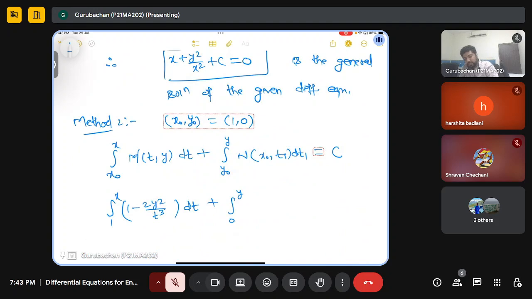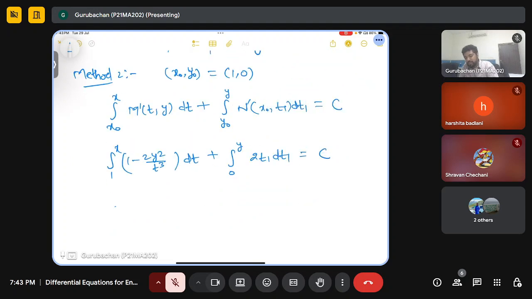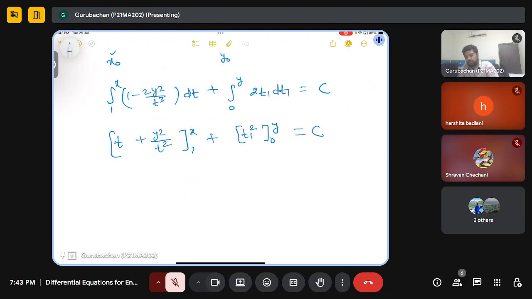If we write N dash, since we are creating a dash in the new differential equation, it will be 2t1 dt1 is equal to c. So what will it give? This will give t plus y square by t square from 1 to x, and this will give t1 square from 0 to y, is equal to some constant.